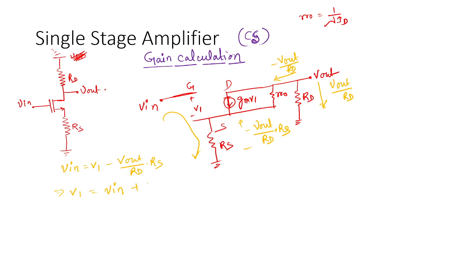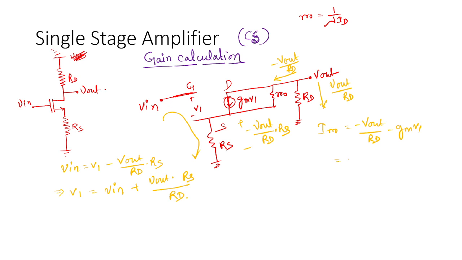From this equation, I will find the value of V1, which is nothing but Vin plus Vout into RS by RD. Okay, now the amount of current flowing through r0 is Ir0, which is nothing but minus Vout by RD minus gm V1, because this gm V1 is flowing through here.